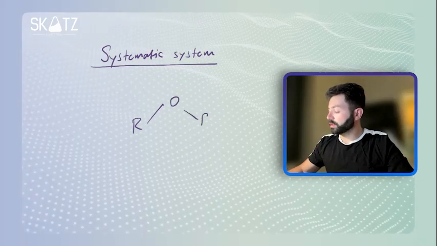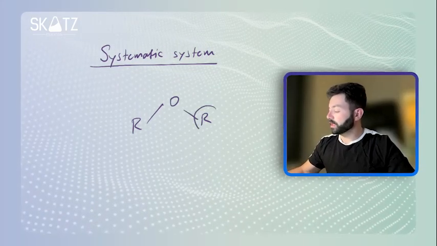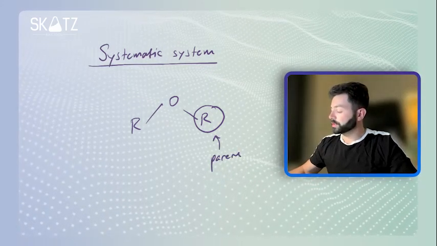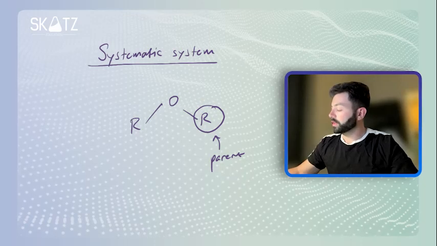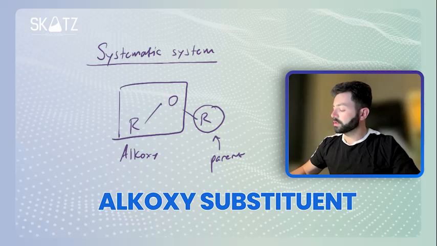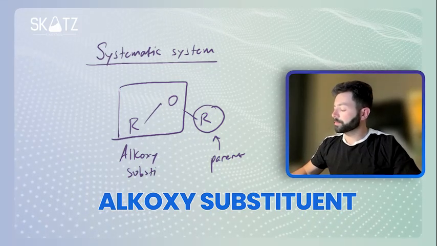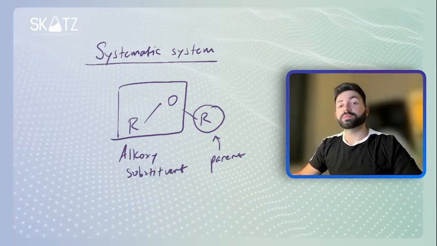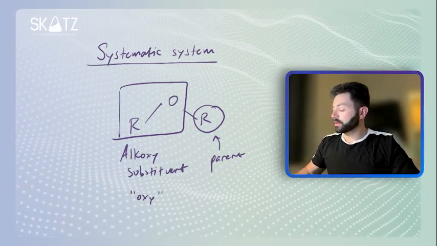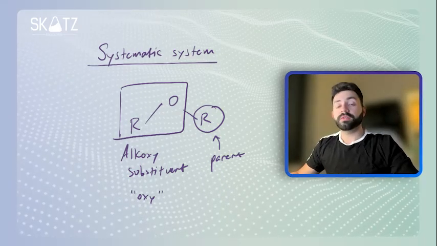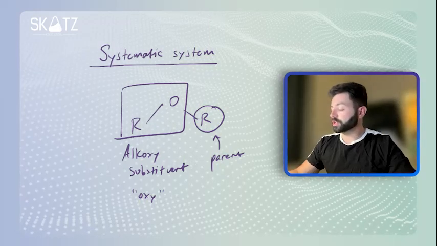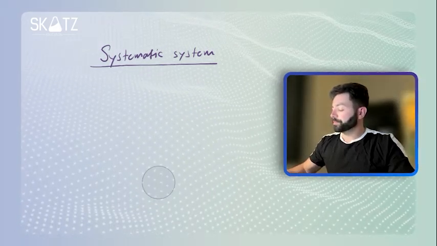If I have an ether that looks like this, and we'll say that this is the parent chain for reasons that I will explain shortly, then this becomes the alkoxy substituent. And our naming is going to change based on that. Basically, you add oxy at the end of whatever your alkoxy substituent is, and you name the parent chain as you normally would. It's much easier to understand using an example.